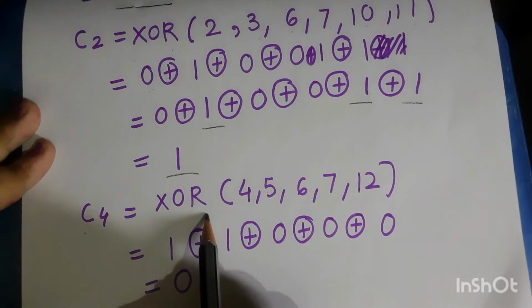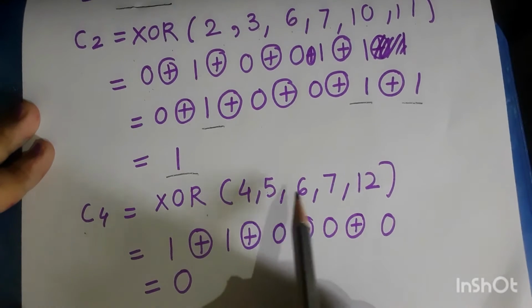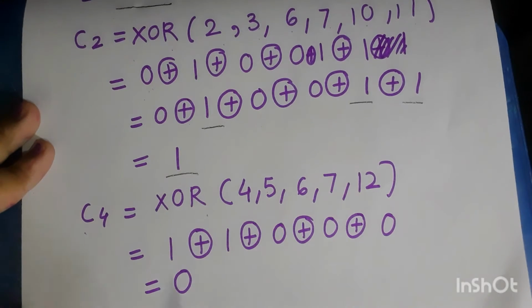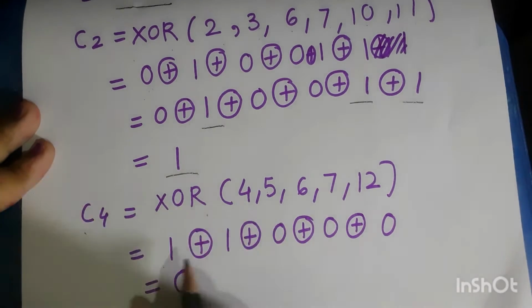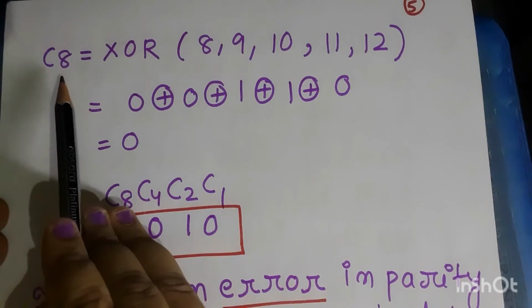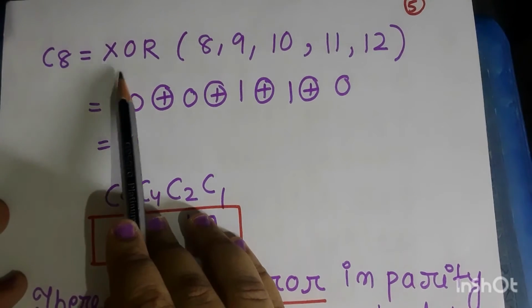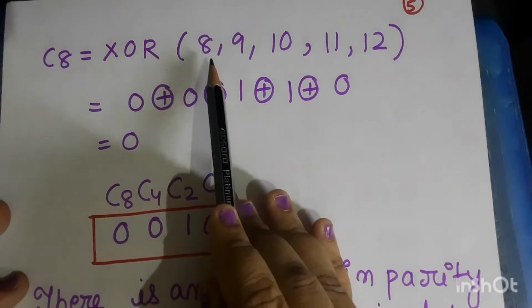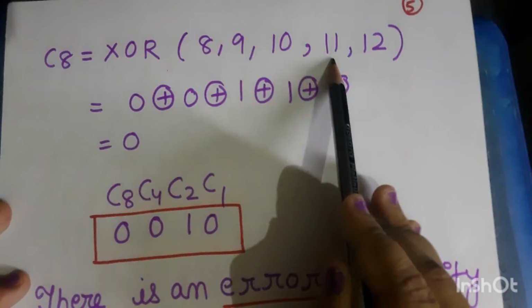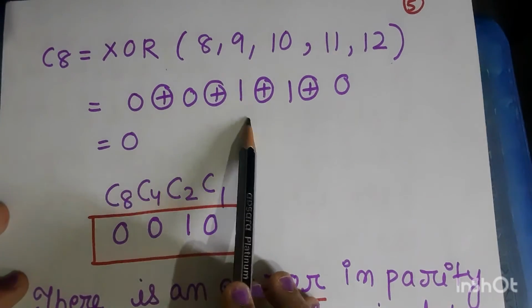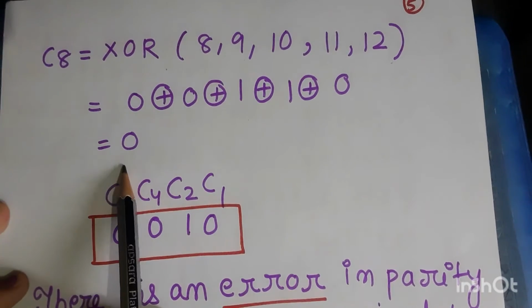C4 is the XOR of the bits at locations 4, 5, 6, 7, 12, and it is coming as an even number of ones, so 0. Now C8 is the XOR of the bits at locations 8, 9, 10, 11, 12. Here an even number of ones, so 0.